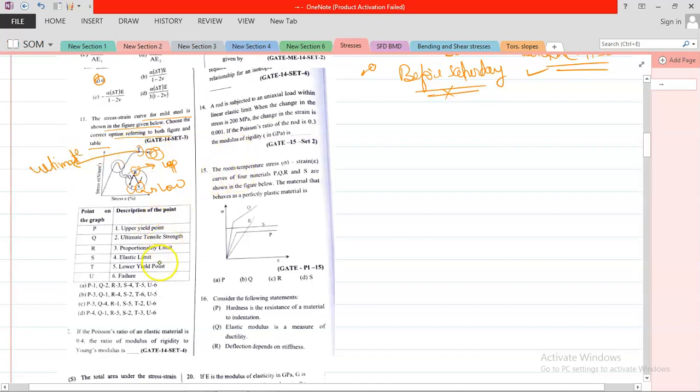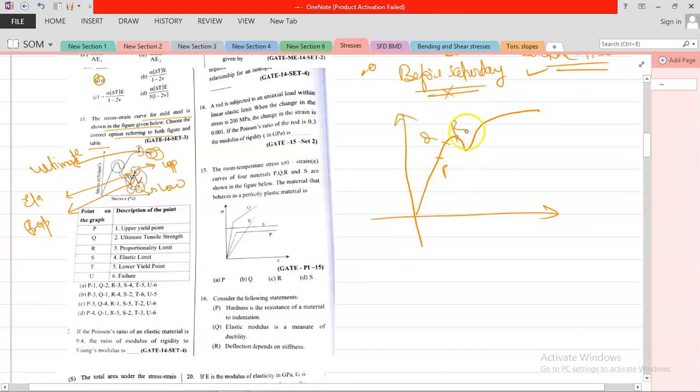Now what is point P? Point P and point Q also. You know the lower point is your proportional point, and your upper point Q is the elastic point that I discussed. I hope you remember. So if I draw this and take that part, this is given P, this is given Q, this is given R, S, T, and now it is U. So your P is the proportional limit.